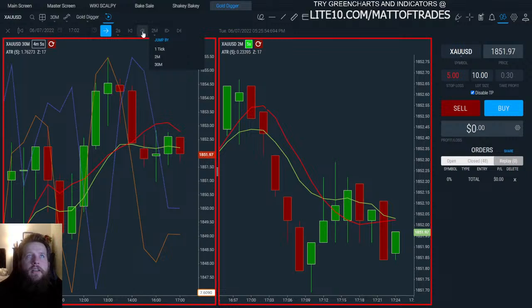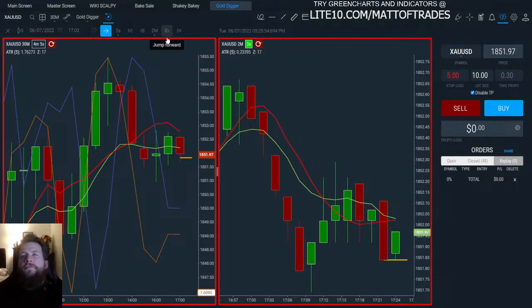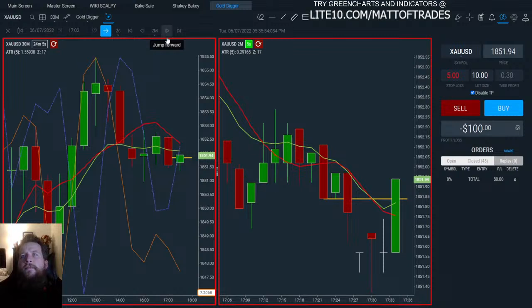Right here. Yeah, I feel pretty confident in our morning strategy. I'm just having a hard time figuring out a good evening strategy. It's mostly just because spreads are wider.